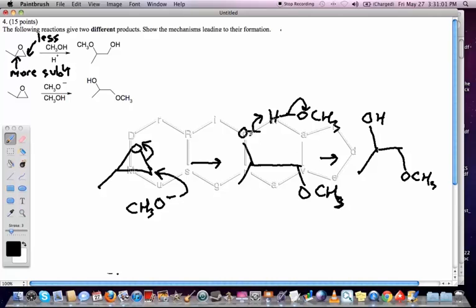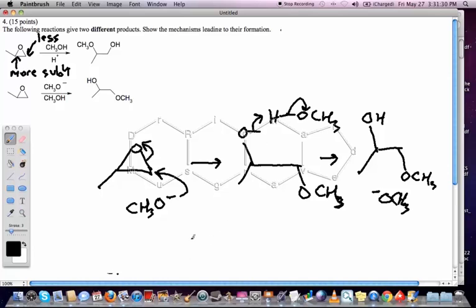We've got two electrons on the oxygen that are going to form a bond with this H, and simultaneously the bond between this H and this OCH3 is going to break. So this is going to become negative OCH3 or CH3O-, and that's what makes this catalytic, because now we've used CH3O- and we've formed it back again at the very end.